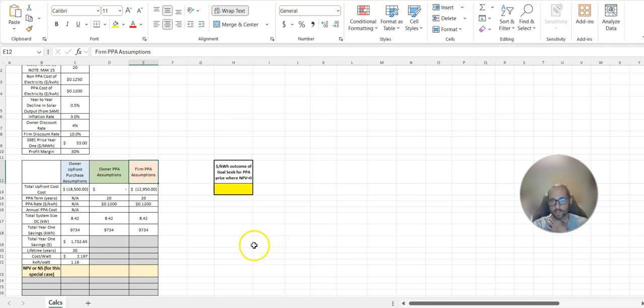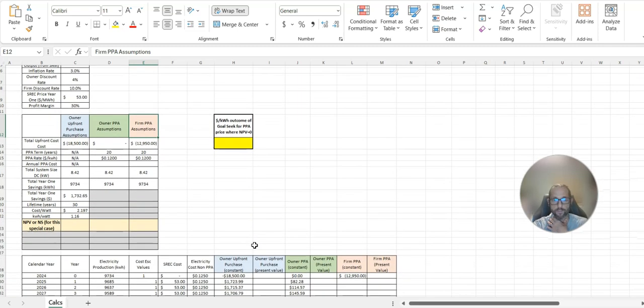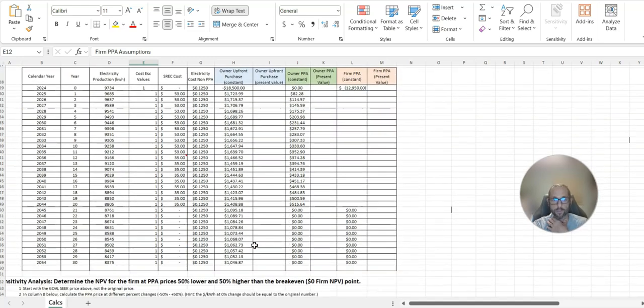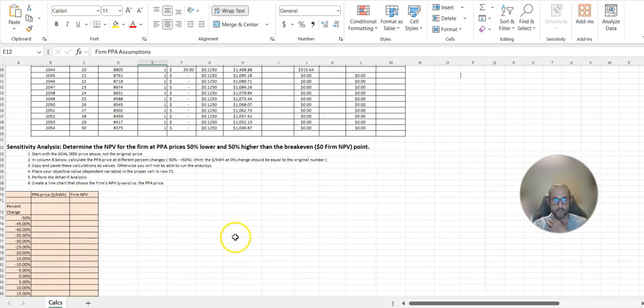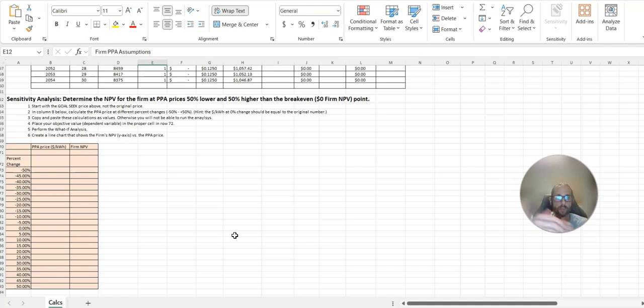And that part is quite easy. So that's what you're going to do first, and then the second part, you're going to do the sensitivity analysis and just play around with the PPA price a little bit, just to see how that changes your net present value for the firm.